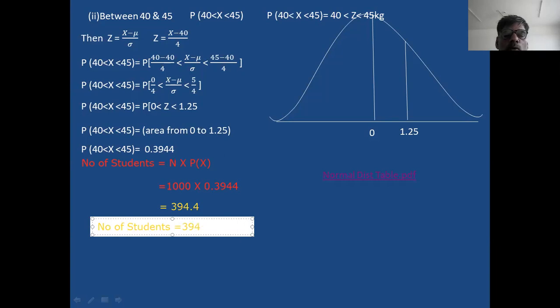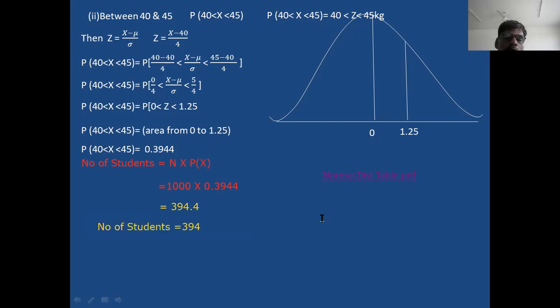Okay, 394 students are having weight between 40 to 45 kg, nearly. You write this: number of students with 40 to 45 kg weight is 394. This is the answer. Remember this. This is enough for today. You go through this problem, and how to find out the area in the graph or the normal distribution curve.